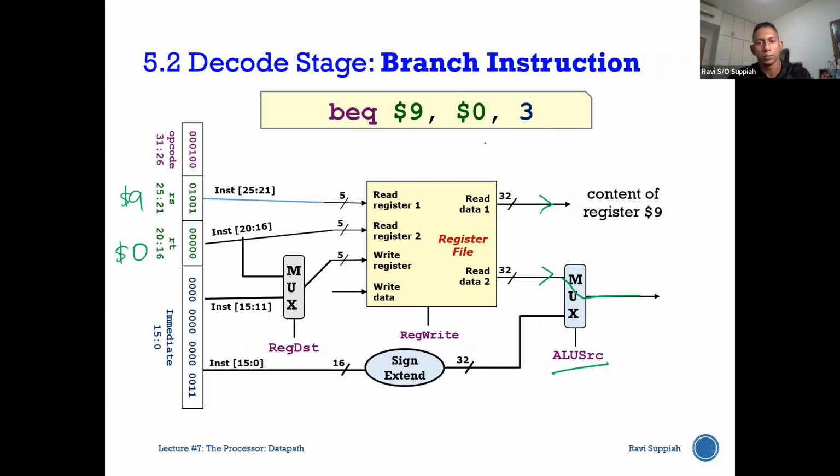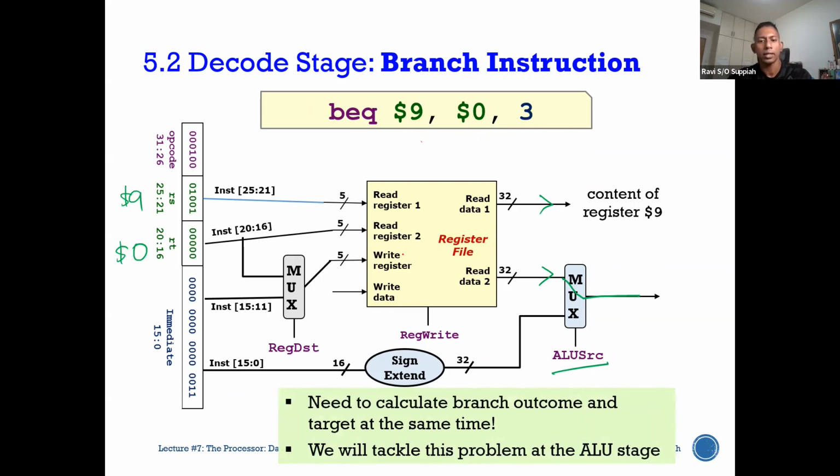How about BEQ? A branch equal instruction, I will have to calculate the branch outcome and the target at the same time. What is the branch outcome? Whether this and this are the same.